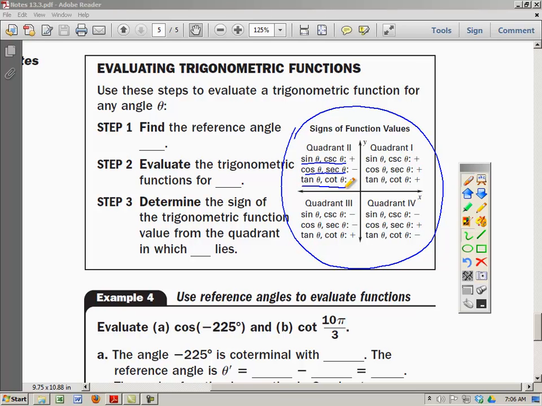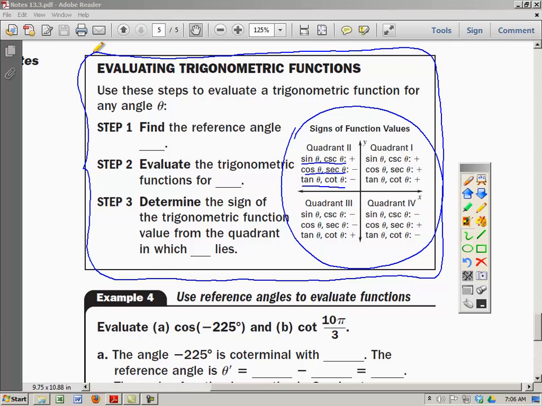And here, they're going to ask you to find the reference angle, then go ahead and find sine, cosine, or tangent, and then look at our little signs chart and figure out if it should be positive or negative. And I'm telling you, we can do this a lot easier with our unit circle. So we're going to refer to our unit circle to do this, and we'll do this part together in class tomorrow.